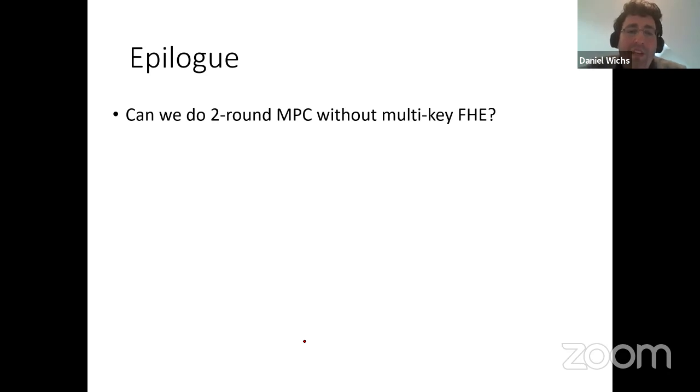One question you can ask is, can you do 2-round multi-party computation without multi-key FHE? Multi-key FHE also has these compactness requirements that don't seem inherent for multi-party computation. They're nice to have if you want multi-party computation with low communication complexity, but if I just care about 2-round MPC, it doesn't seem that multi-key FHE is inherent.